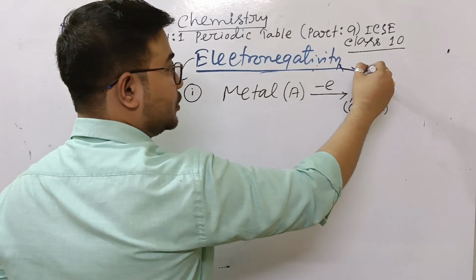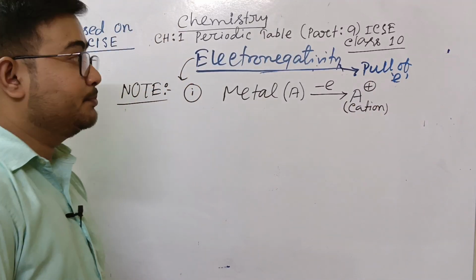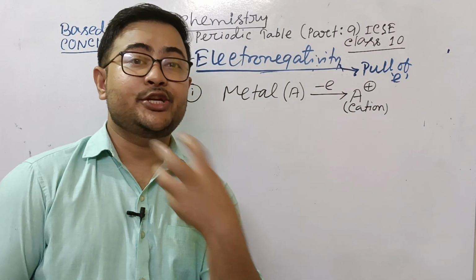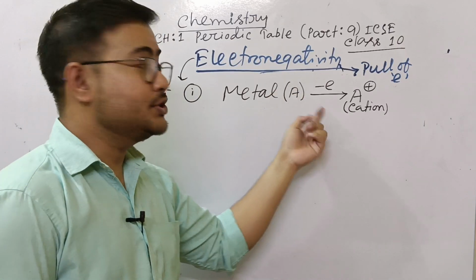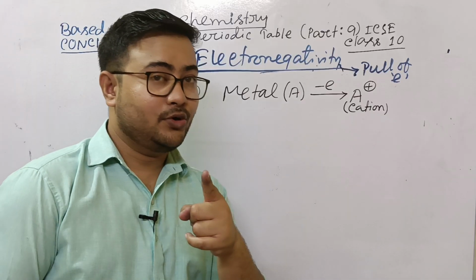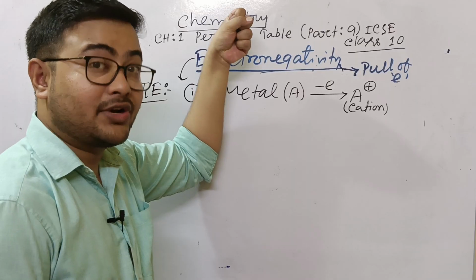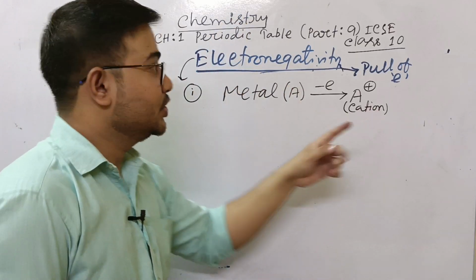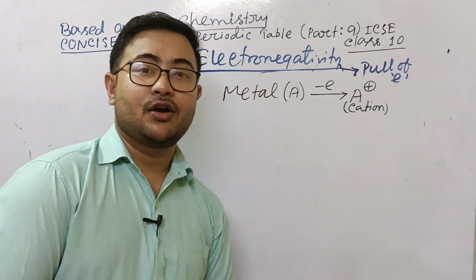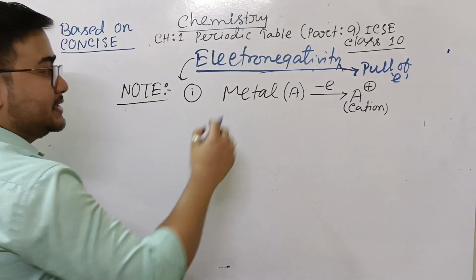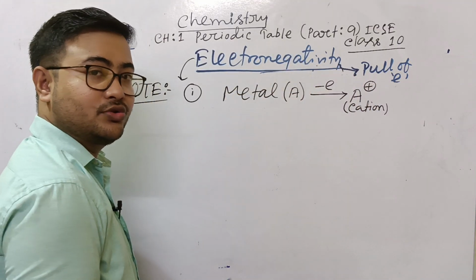Electronegativity means pull of electron, that is, trying to accept. But in case of metal, it is the opposite: it loses the electron. Electronegativity means trying to take, and metal means lose. Are these the same or opposite? These two concepts are opposite.